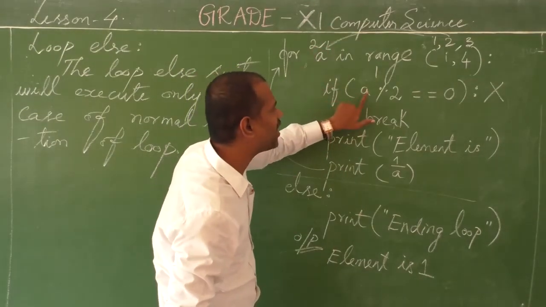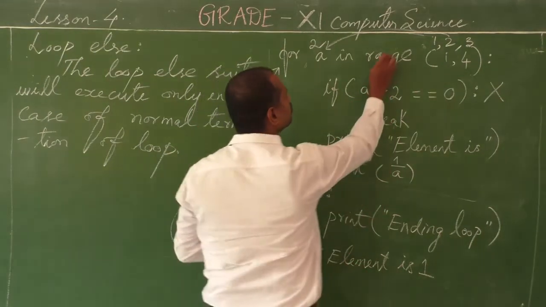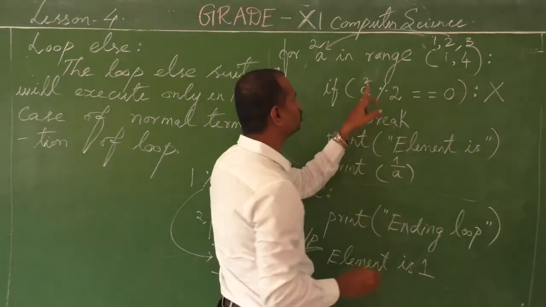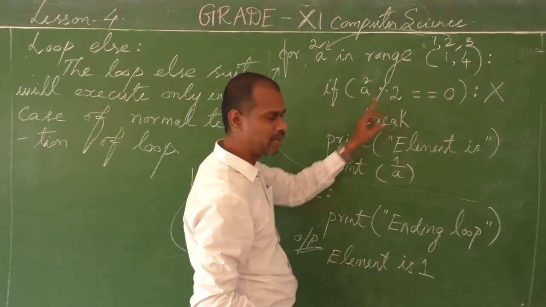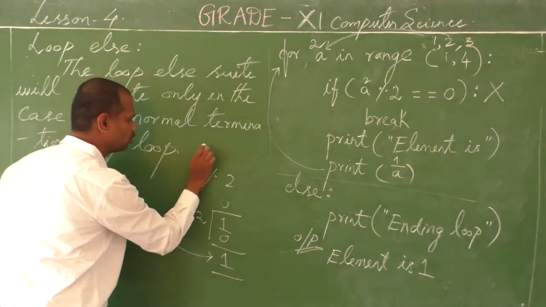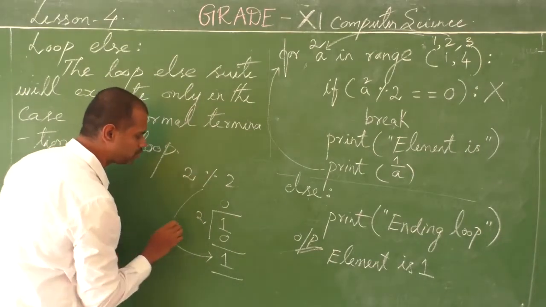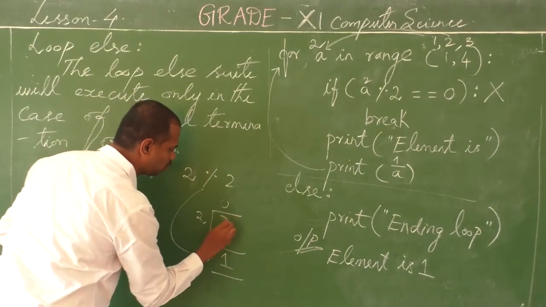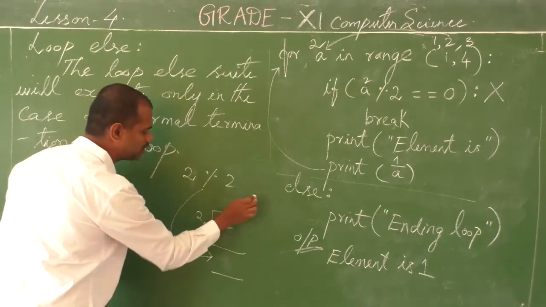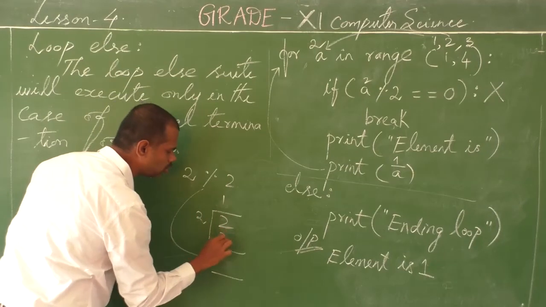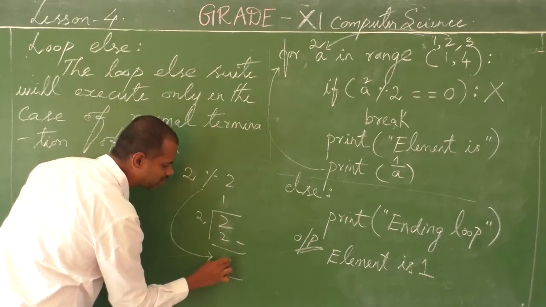What is the A value? It is 2. So 2 modulus 2. 2 modulus 2 means 2 is divided by 2, such that 2 ones are 2, 2 minus 2, the answer is 0.